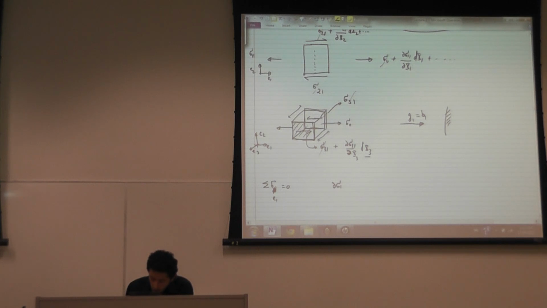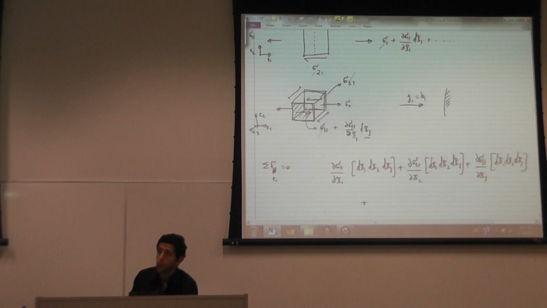You'll find partial sigma 1 by partial x1 multiplied by delta x1, delta x2, delta x3, plus partial sigma 2,1 by partial x2 multiplied by delta x1, delta x2, delta x3, plus partial sigma 3,1 by partial x3 multiplied also by delta x1, delta x2, delta x3, plus the force of gravity, the mass multiplied by the gravity acceleration, the gravity component in this direction.